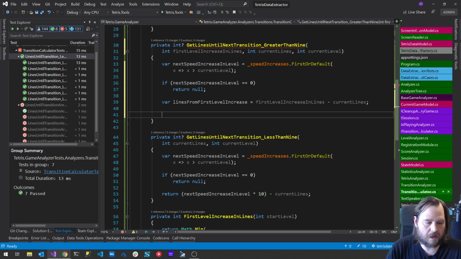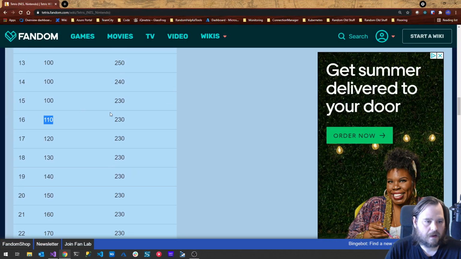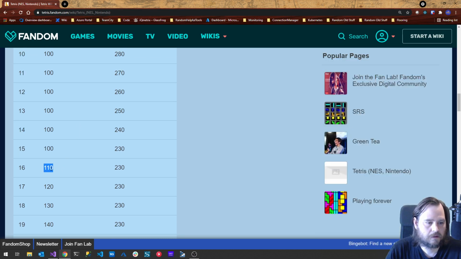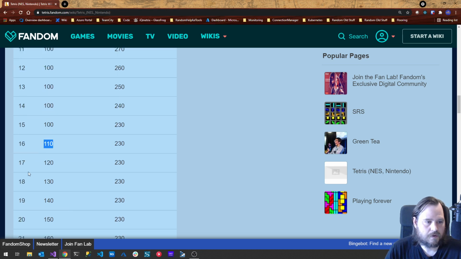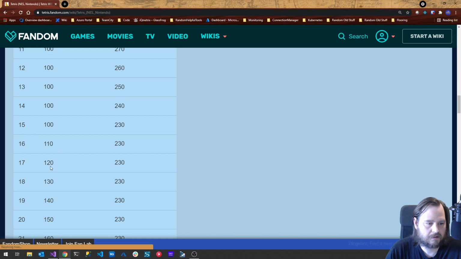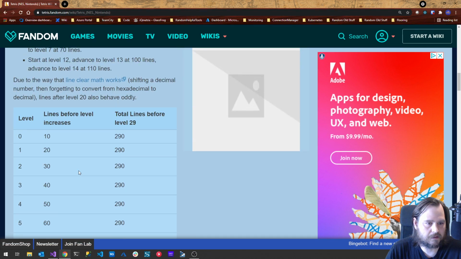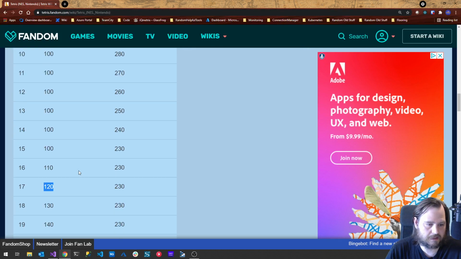If you look on the wiki, it's 100. It's always the level minus 5 times 10 is your first line increase.